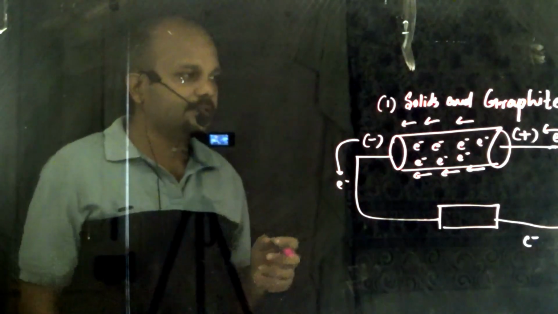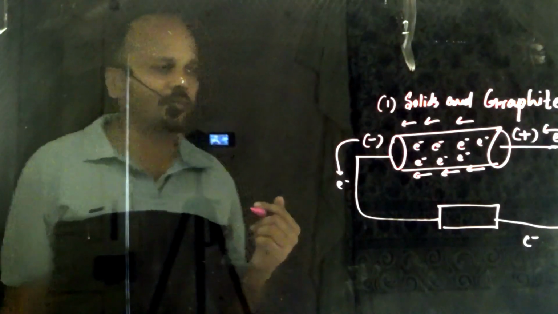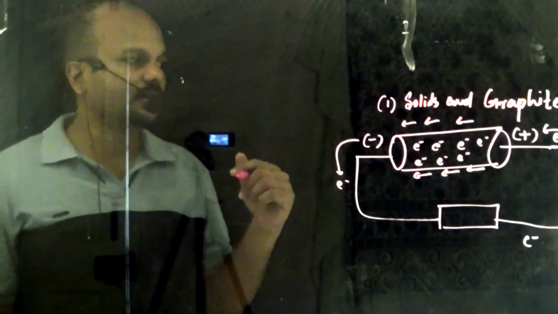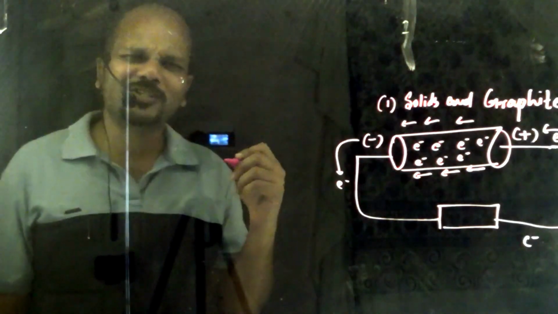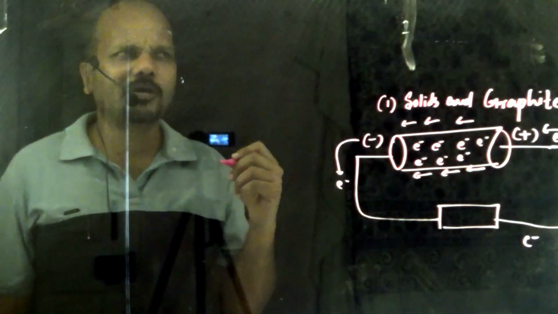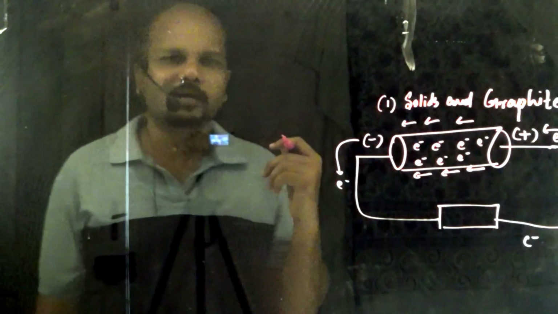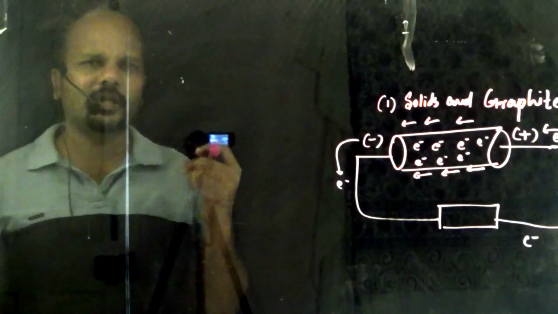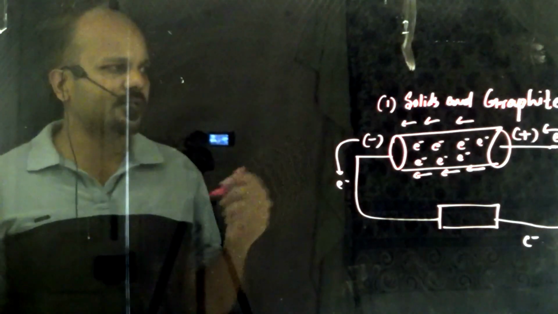On the other hand, another conclusion you can make is, let it be plastic. Plastic is a molecular solid, like ice cubes. Ice will of course melt, and you can check any other molecular solid. Let it be plastic itself, other than graphite.